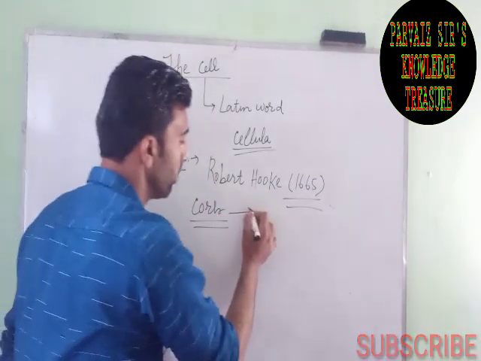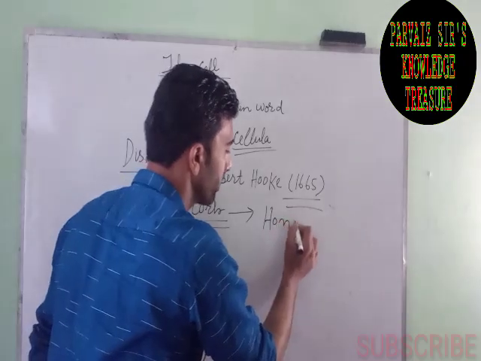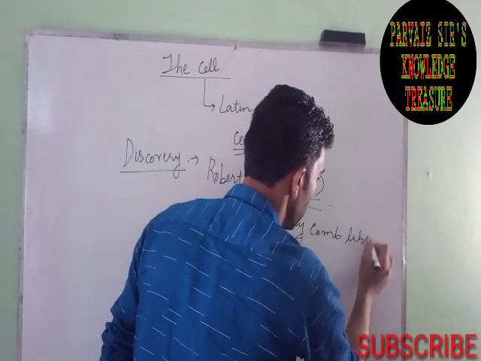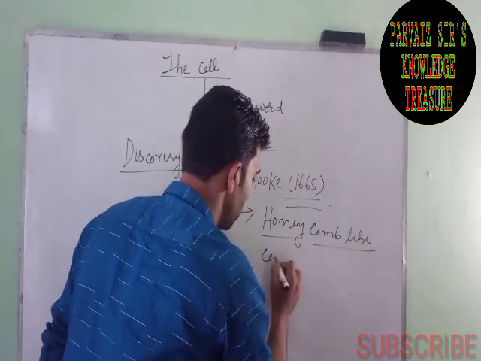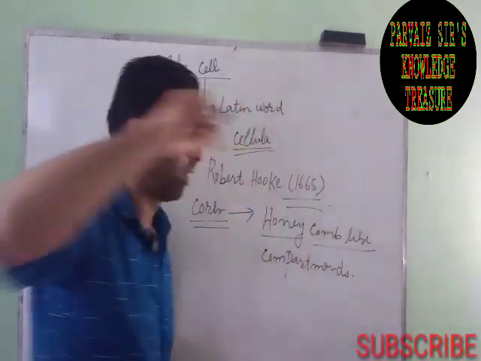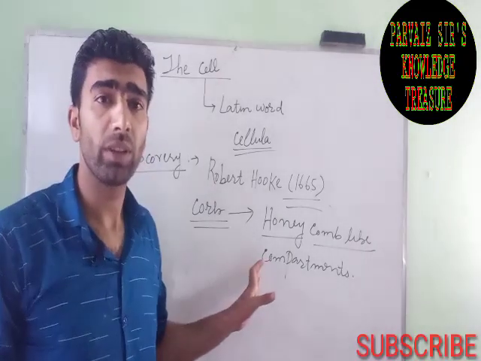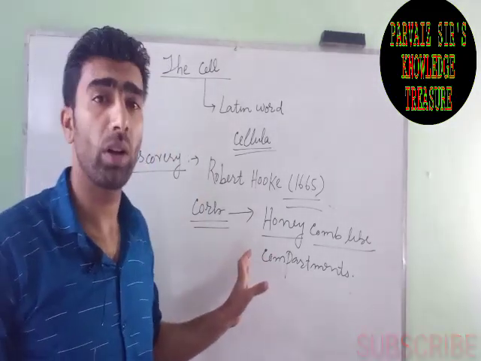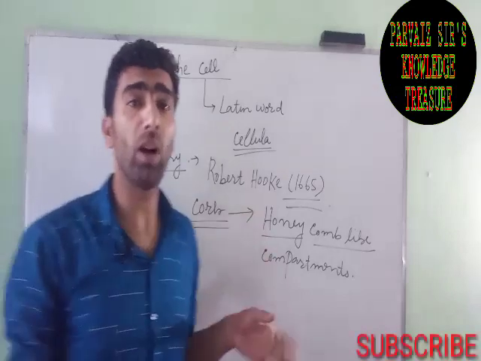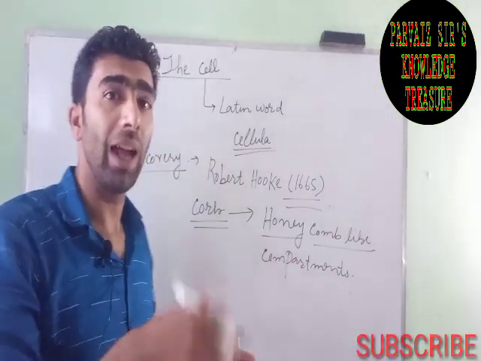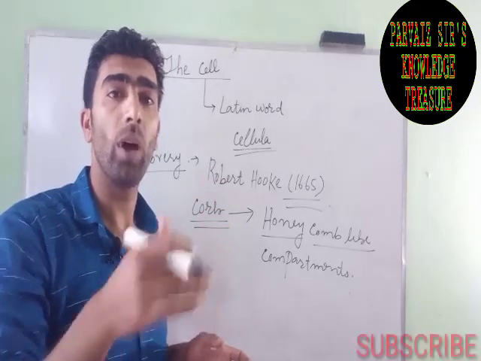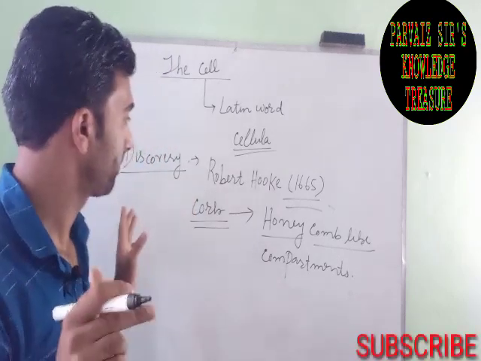He noticed honeycomb-like compartments in the cork and named those compartments cells because of their resemblance to the cells in which the monks or priests used to live in those days.